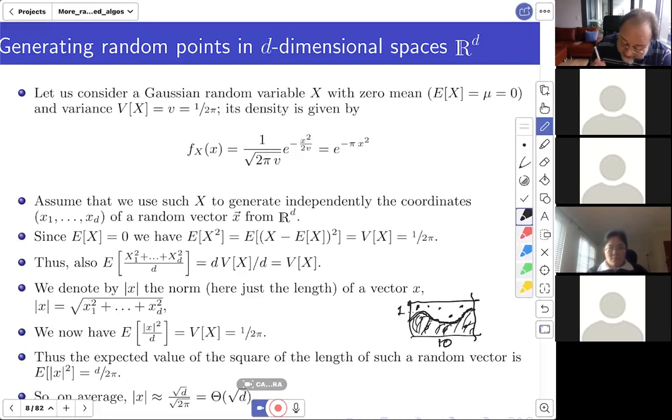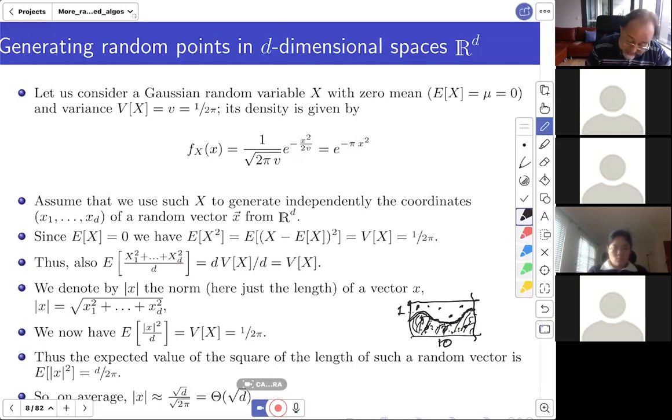So this is essentially what you have to do in high dimensional space. You have to quote unquote throw mathematical darts, namely randomly generate points, and then simply count how many of them are underneath the surface that is the boundary of the region over which you want to integrate.